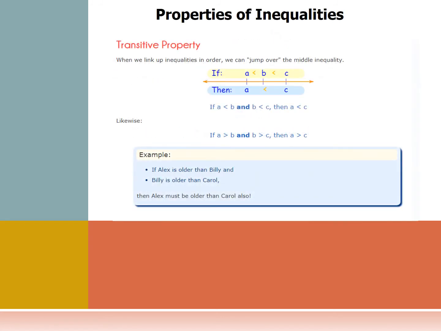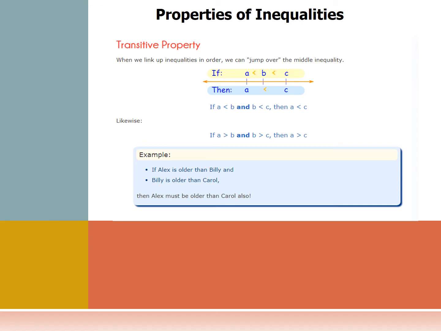Properties of inequalities. We have the first property of inequalities. It is the transitive property. When we link up inequalities in order, we can jump over the middle inequalities. This is the description of the transitive property. And here we have, if A is less than B and B is less than C, then A is less than C. So this is the transitive property.